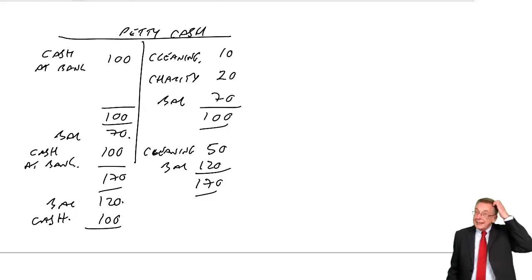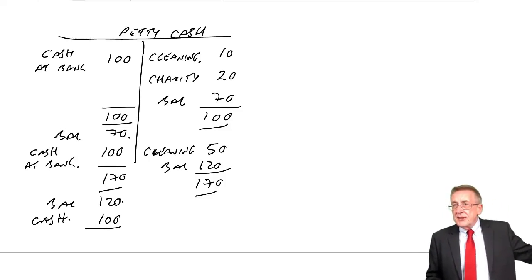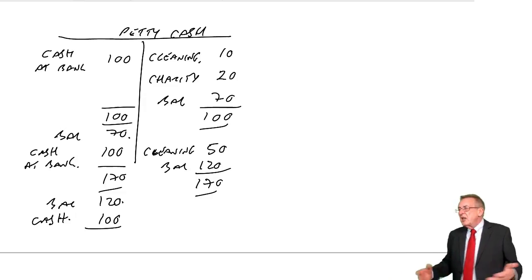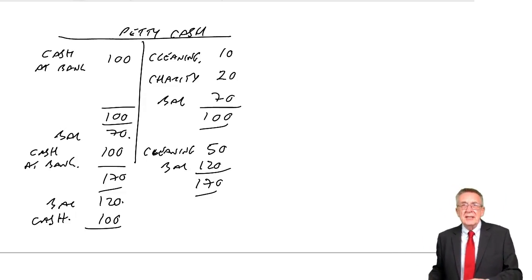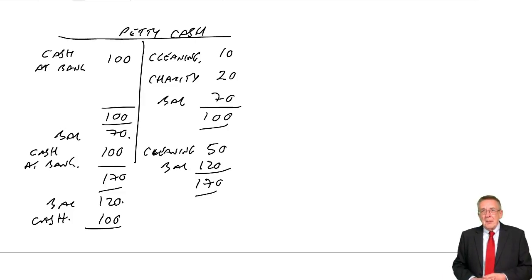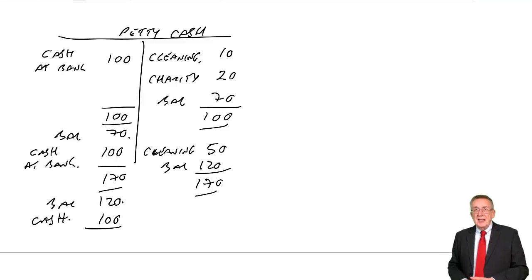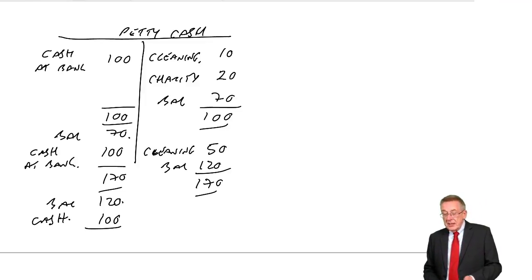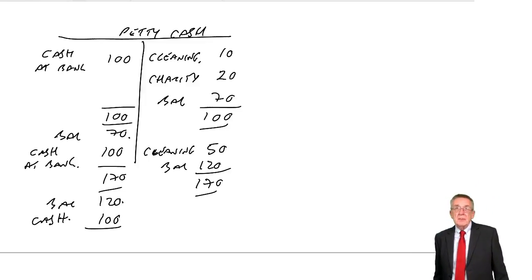Now you can see what's happening. I'm trying to run a big business. This is just $100. I know we'll spend about $100 a week. So I keep saying, fine, here's another 100. And then one day, the person in charge of this disappears. And so does the tin. And I say, oh dear, well, at least they can't have got away with much.